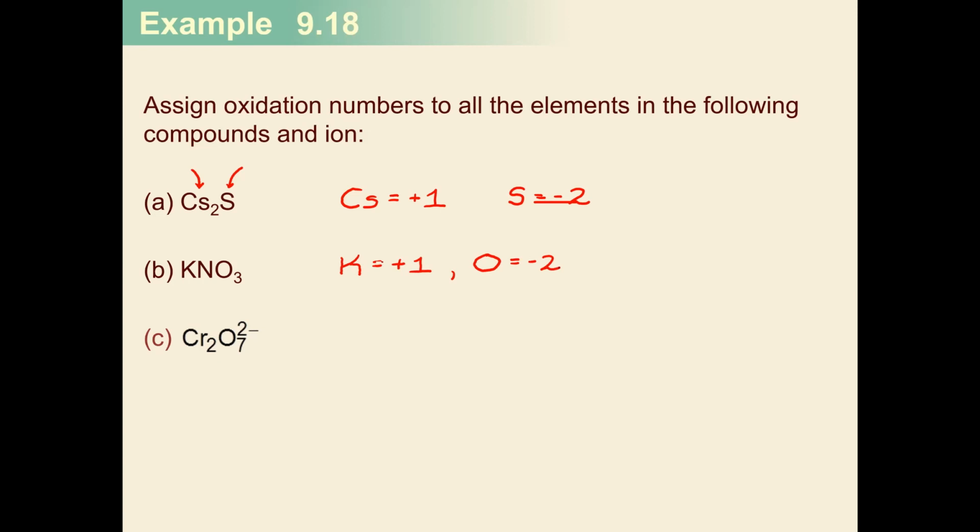So now we can use this information in order to determine the oxidation number for my nitrogen. If I have my potassium at +1 and each one of my oxygens is -2, this means that the remaining charge in this compound is going to be the oxidation number for nitrogen.